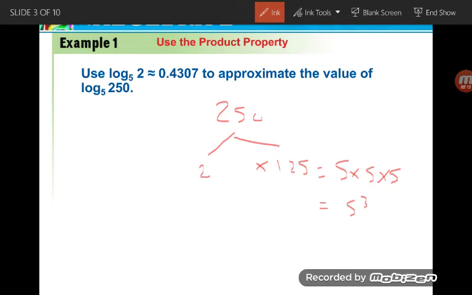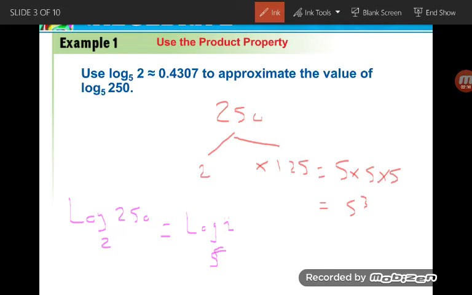Okay, now you have log 250 for base 5, which will be equal to log of 2 times 5 to the power of 3 for base 5.